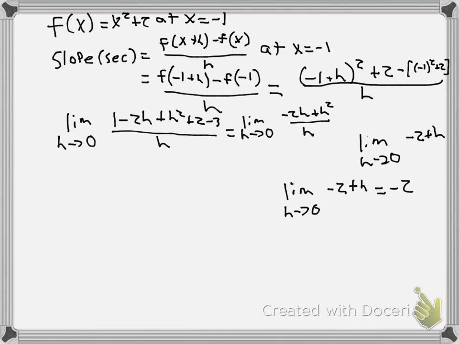Of course, if you know the slope of the tangent line, you might as well go ahead and find the equation of it. So I've got slope equal to -2.